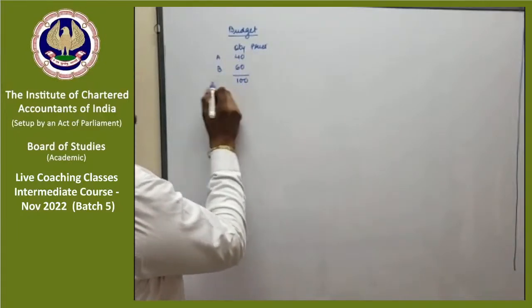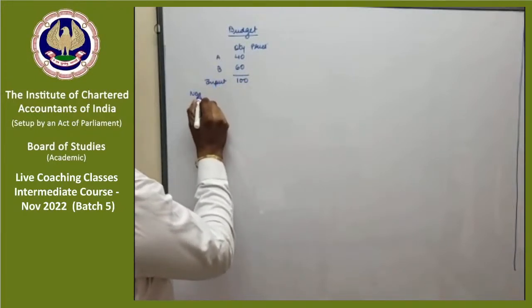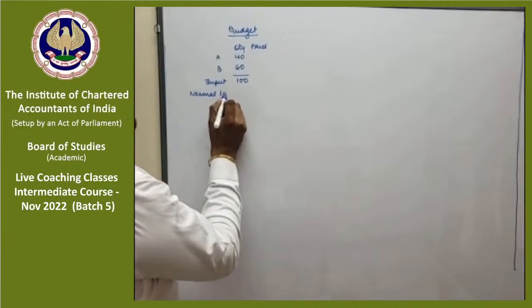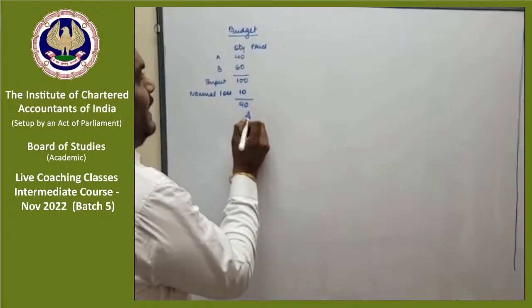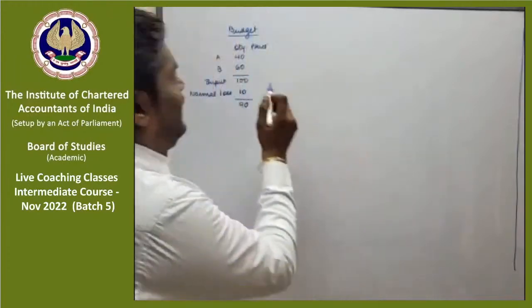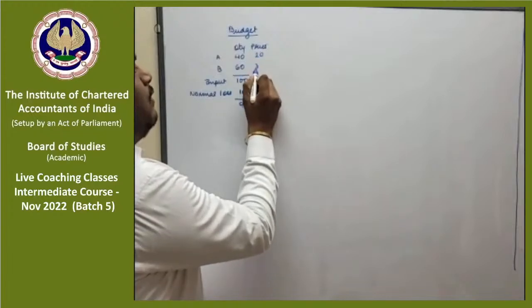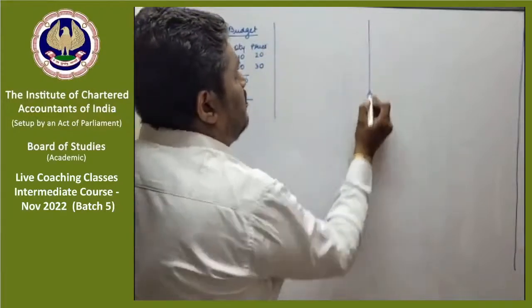The total input is 100. Normal loss is 10% of input, so the output is 90. Further, the prices are also given, that is 20 and 30. This is the budget given.